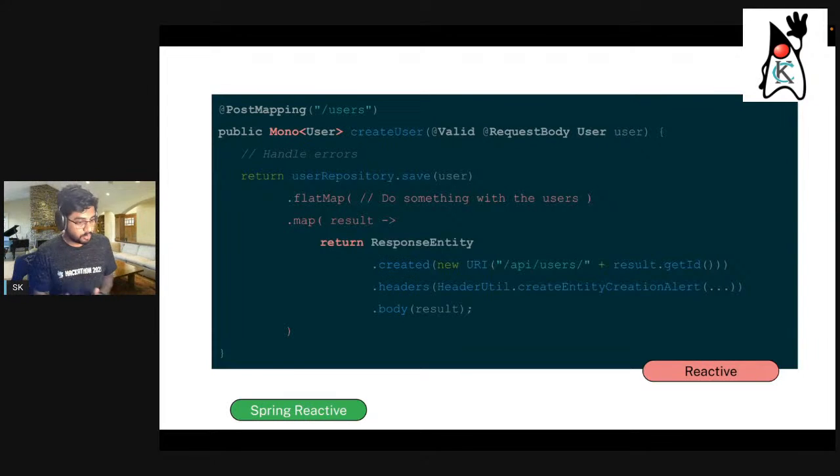Spring Boot and Spring WebFlux make it much easier for wrapping things around for us. It's very important to know, whenever you create a stream, you have to subscribe to it to get the value out of it. Mono means you can have 1 or 0 users in this case. If you're going to have a list of users, in the reactive world, we'll use Flux of users. That's the major difference.